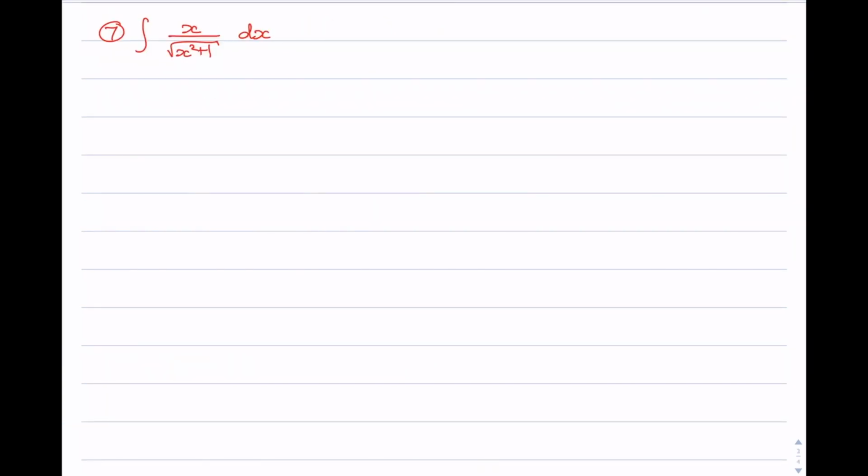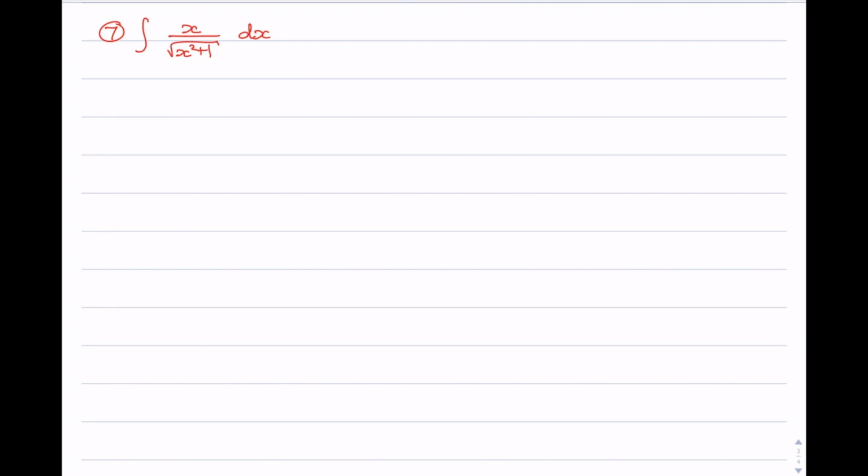Okay, so here we have the integral of x divided by the square root of x squared plus 1. Now, if you think back to the earlier videos, we saw what happens when we have a quadratic underneath a square root in the denominator. However, that was if we didn't have an x in the numerator. That was only if we had a constant.